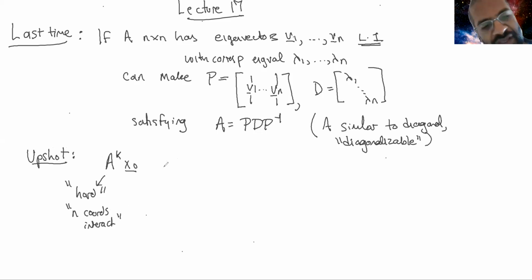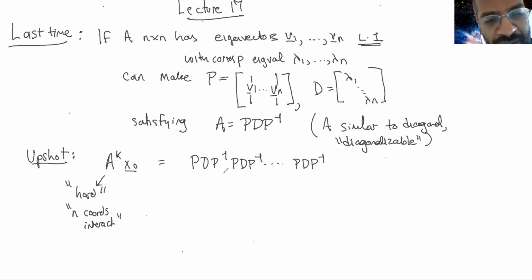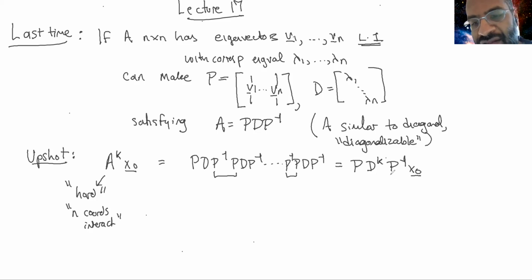But by diagonalizing A, we observed that you can write this product as PDP inverse times PDP inverse, K times, and now all these P inverse P's in the middle cancel. You're just left with P times D to the K, P inverse, times your vector x naught. After this change of basis, the D to the K problem is an easy problem because it's decoupled. The coordinates don't interact, so you have n non-interacting coordinates.